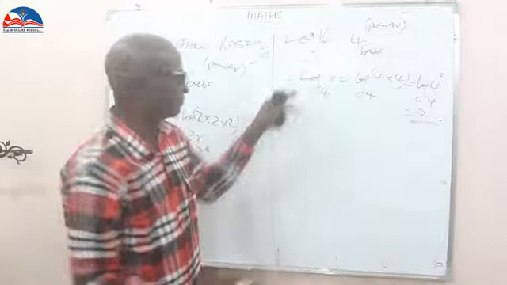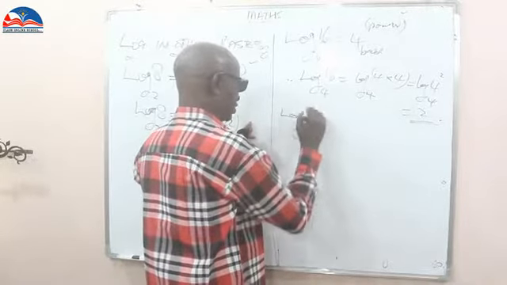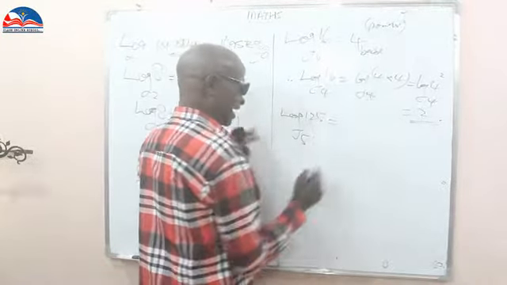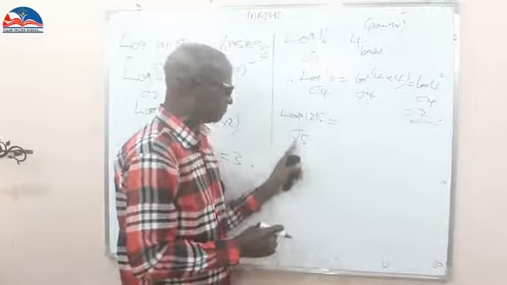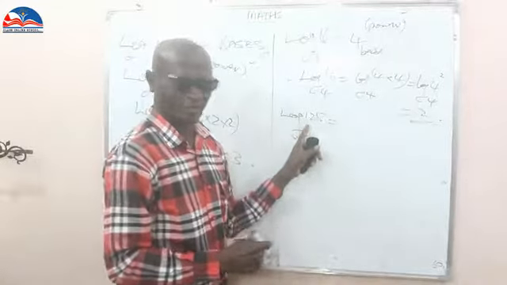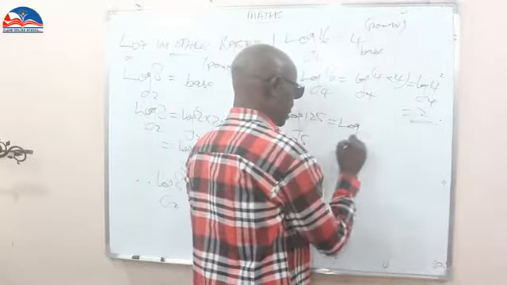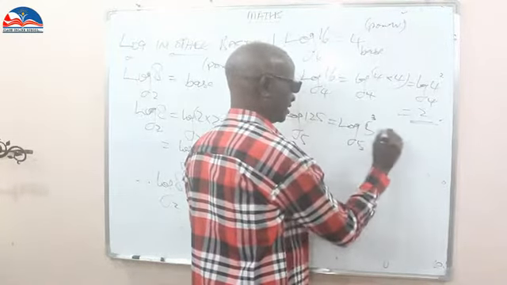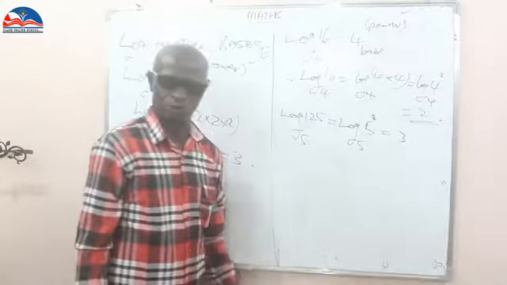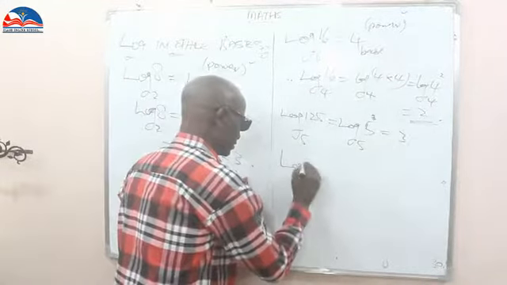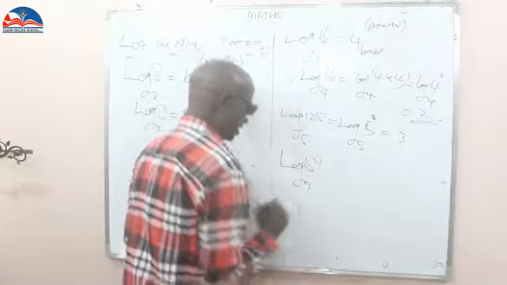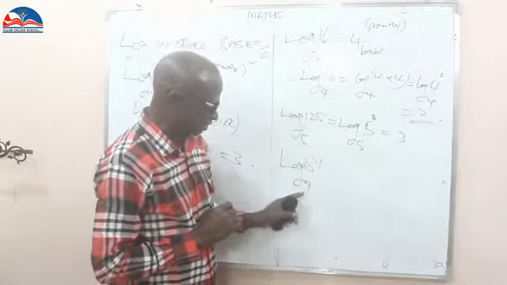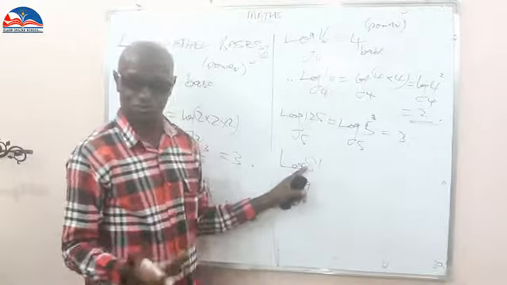That's in base 4. I can do it in base 5. If I'm looking for log of 125, for example, in base 5, I ask myself, how many times am I going to multiply this base 5 to give me 125? I will know that it's just 3 times. That's log of 5 to the power 3 in base 5, and that is 3. I can also do it for 81 in base 9. How many times am I going to apply 9 to give me 81? It's 2 times.